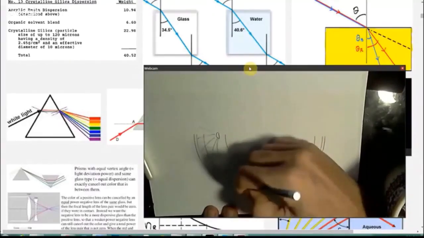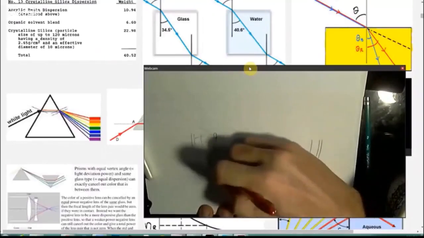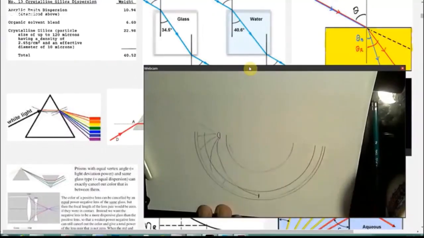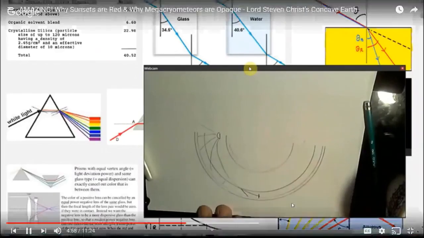When it goes through this glass sky, it gets dispersed, just like going through the prism, right, guys? The white light is going through here, and the red light is the amount that's least refracted, right? So the blue light, or the violet light, is going to be more refracted.